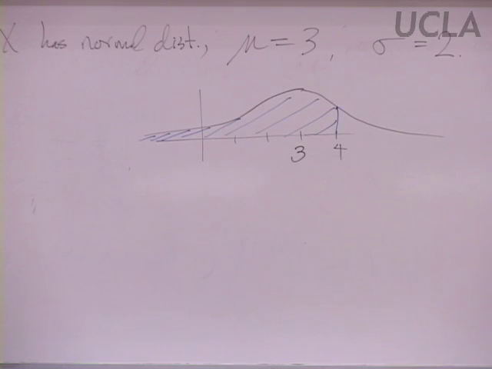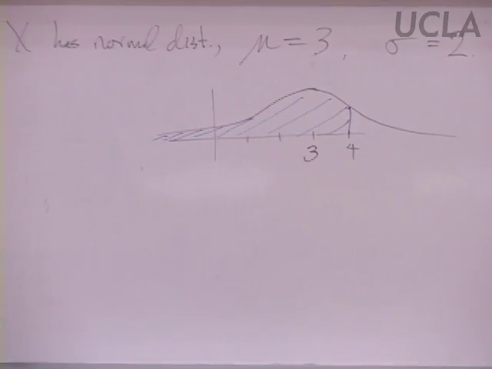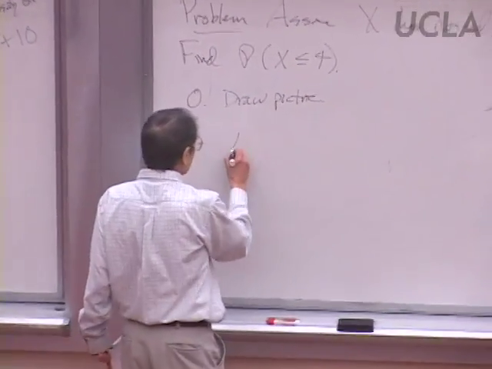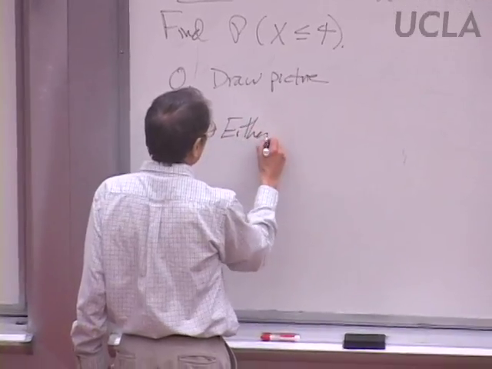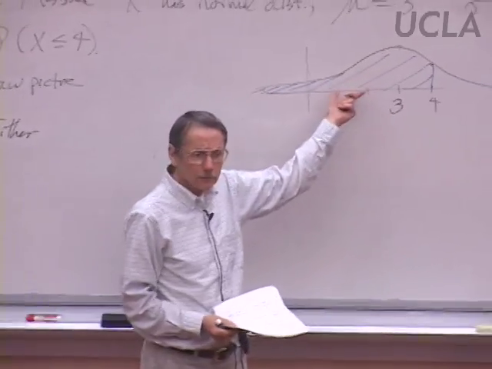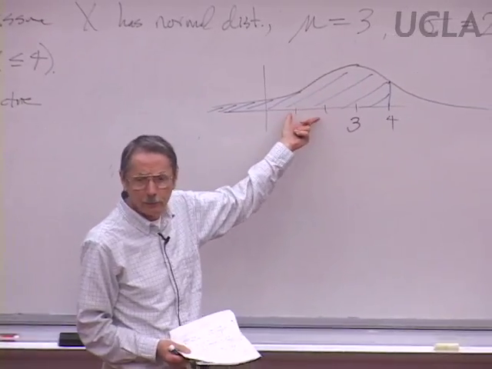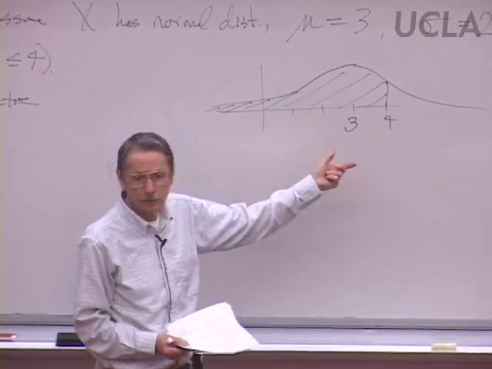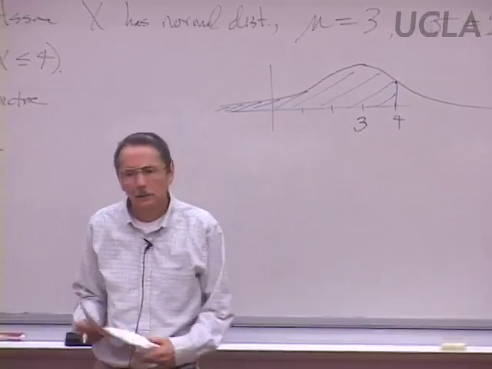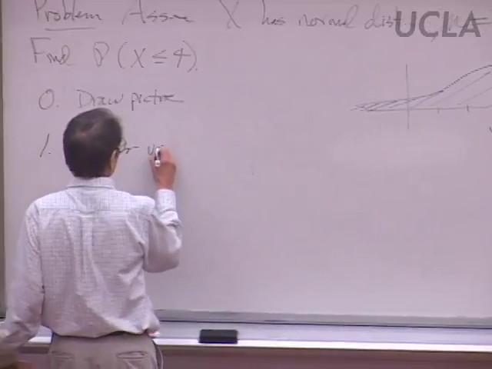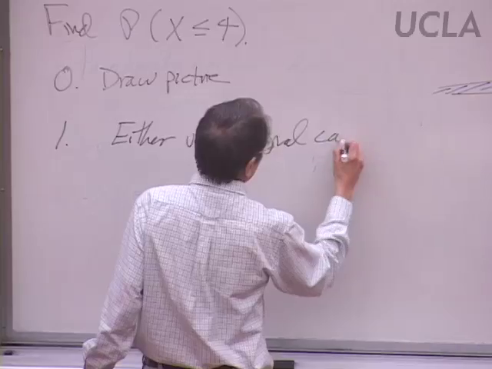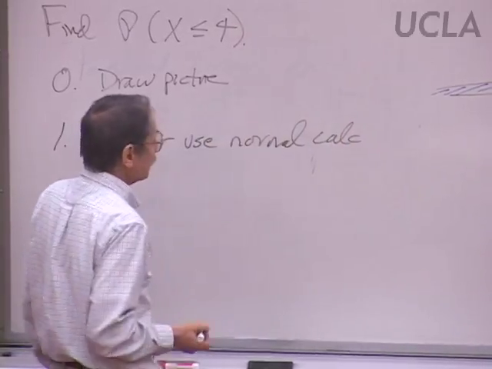We're ready for step 1. We want this area. Well, there are 2 ways to go. You could go to a normal distribution calculator on the web and just punch in these numbers, the mean, the standard deviation, and the upper limit, and ask it what the probability is.